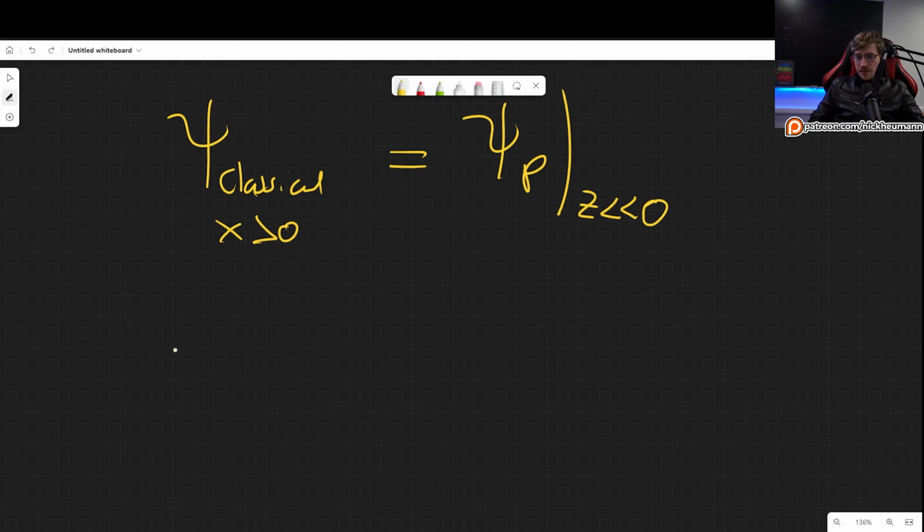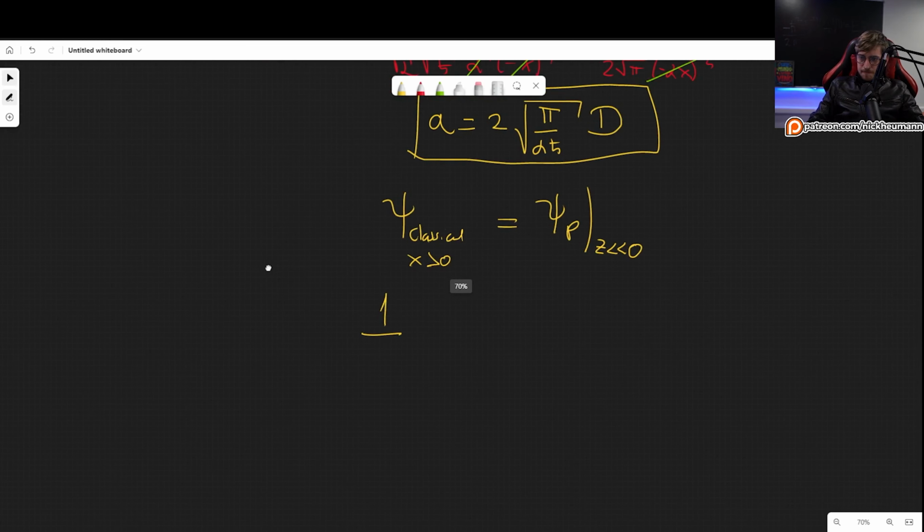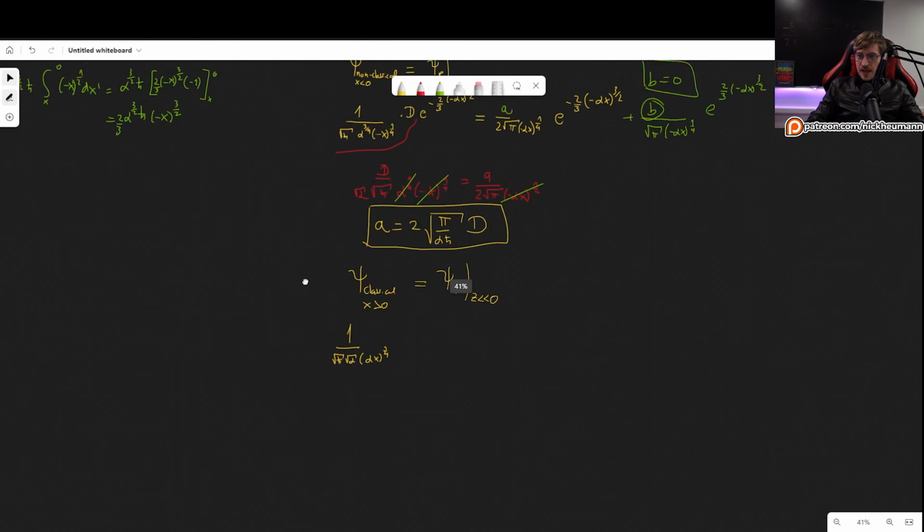The classical wave function will be 1 over the square root of the momentum, which is square root of x, square root of alpha. I'm going to now separate the alpha. Alpha to the 3/4 is square root of alpha times alpha to the 1/4, but I'll just put alpha and x together right away. Okay, so alpha x to the 1/4.